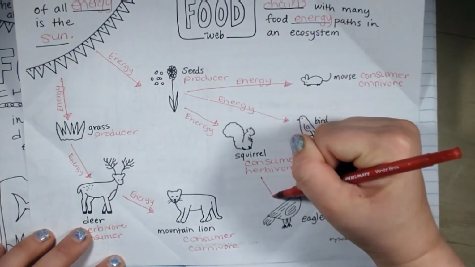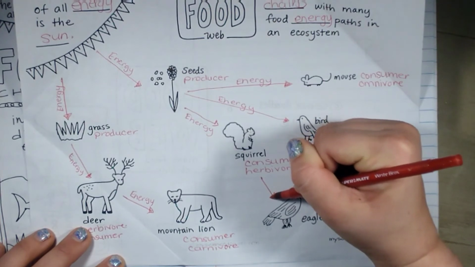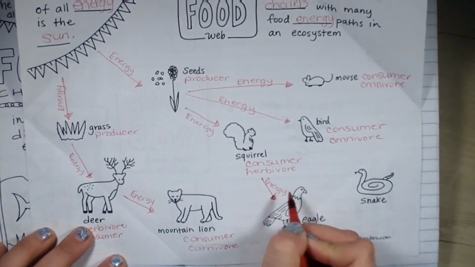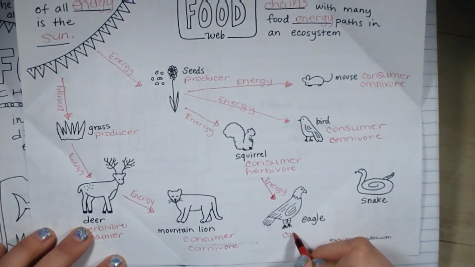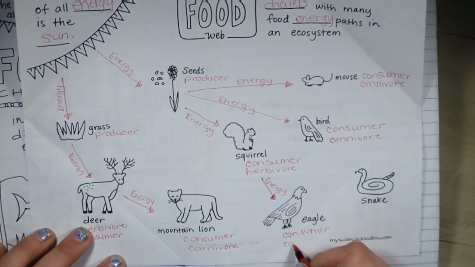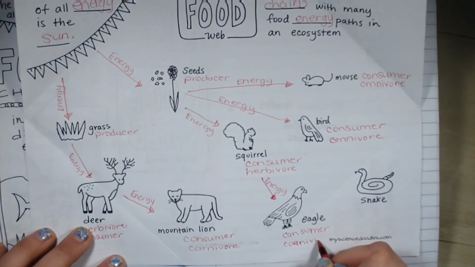The squirrel can give energy to the eagle, who is a consumer and a carnivore. That's a carnivore.